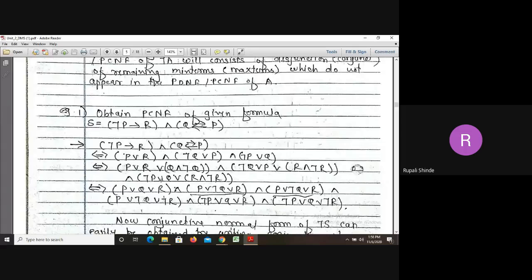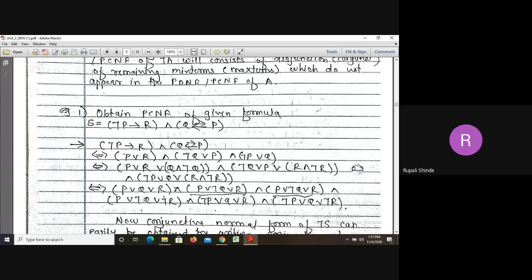Now we simplify this third bracket: negation P or Q or R is one bracket, and negation P or Q or negation R is the last bracket. Now check whether there is any repetition of a term. Yes, one term is repeated, P or negation Q or R.